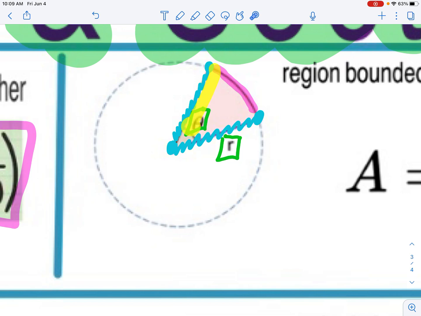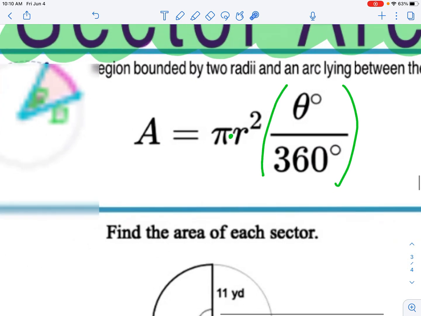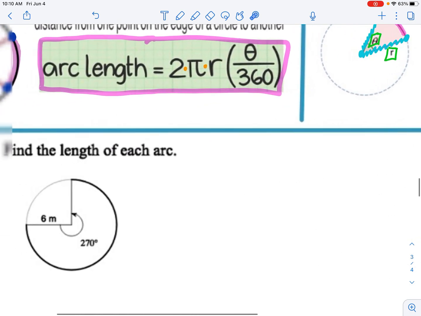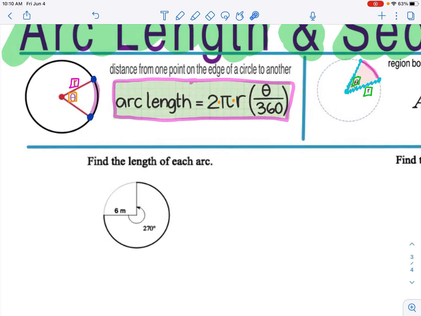Because again, we're only taking a small part of this circle. The entire circle is 360 degrees, but we're only taking part of it. So that's why we have to divide by 360.